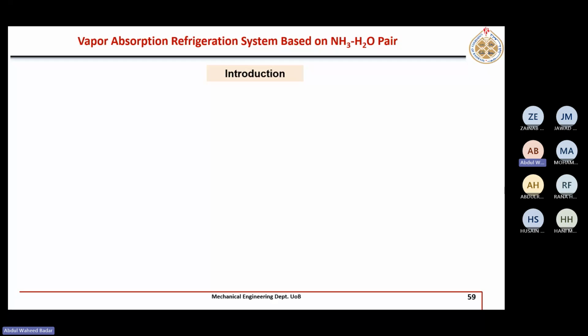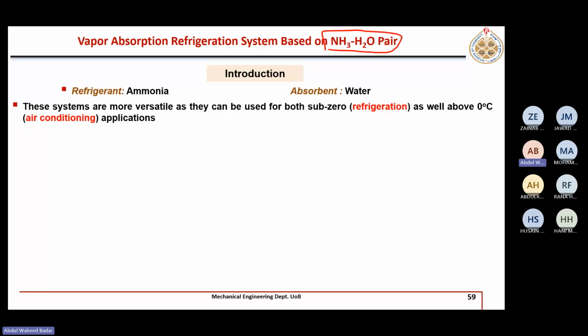Then the next and last part of that chapter, of course, we cannot cover its mathematical part, only the description of that system. The second one is the water ammonia pair. That is the vapor absorption refrigeration system based on the water ammonia pair. In these systems, the refrigerant is ammonia, the absorbent is water.